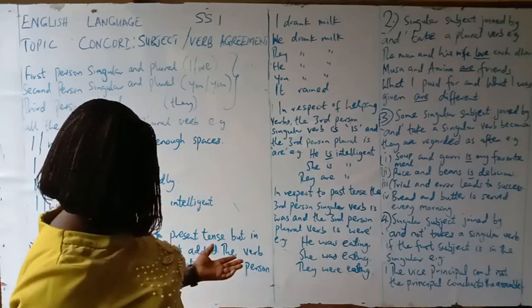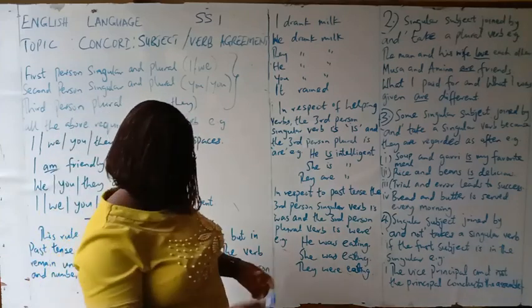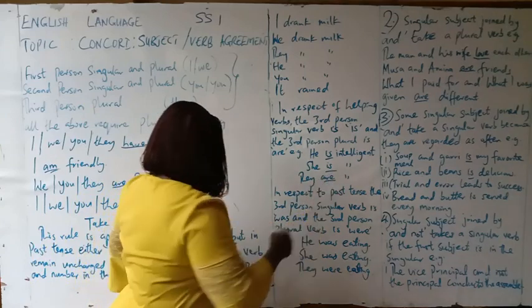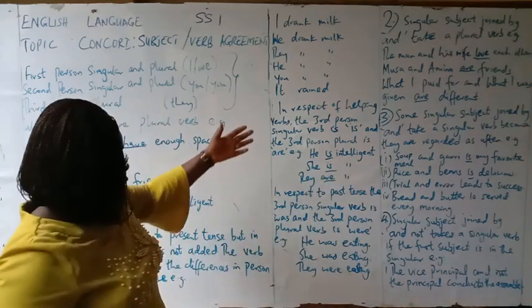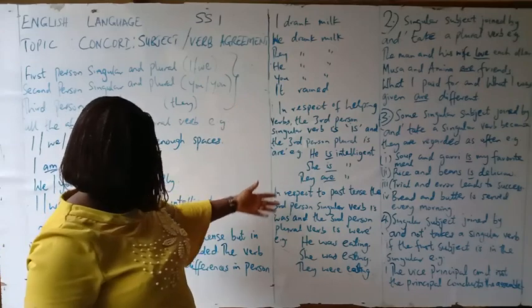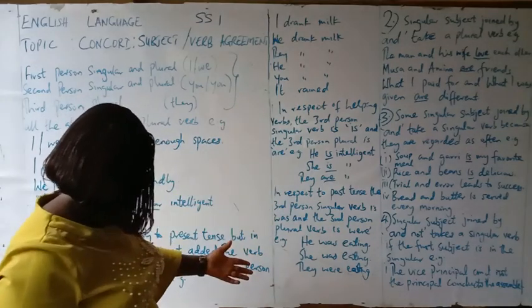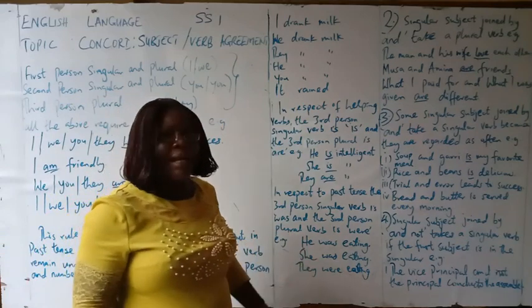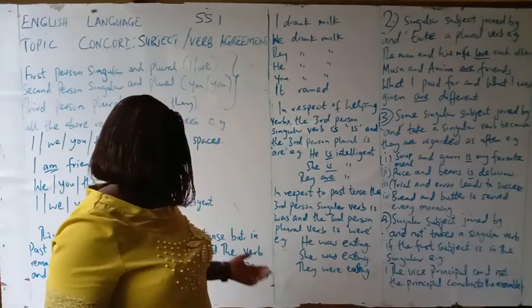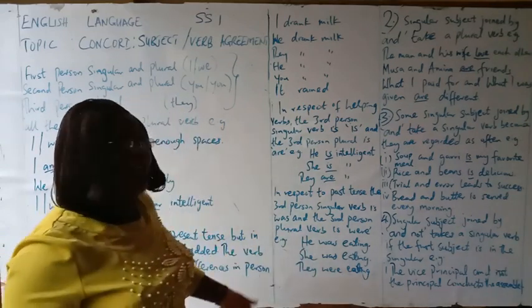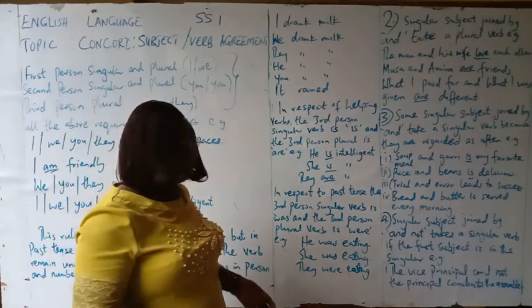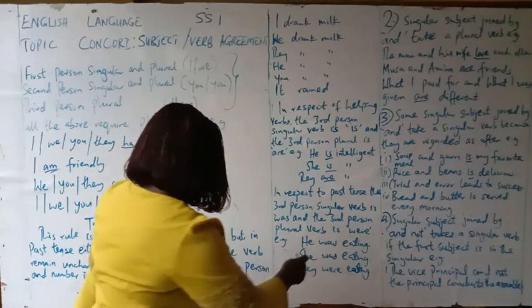They are intelligent. This is for present tense. Then for the past tense, the singular is "was" and the plural is "were". Example, he was eating. She was eating. They were eating.